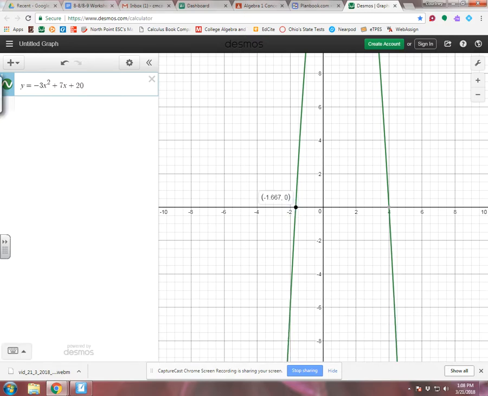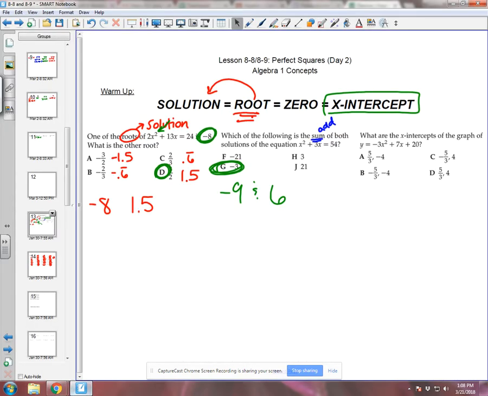Negative 1.667, and 4. So if I come back here, well, automatically I can throw out these two, right? Well, you better divide those and make sure it gives you 1.667.